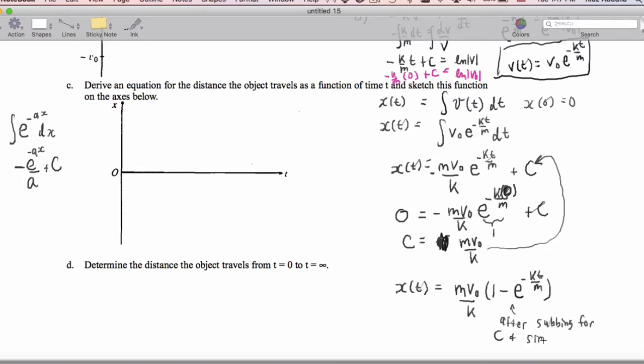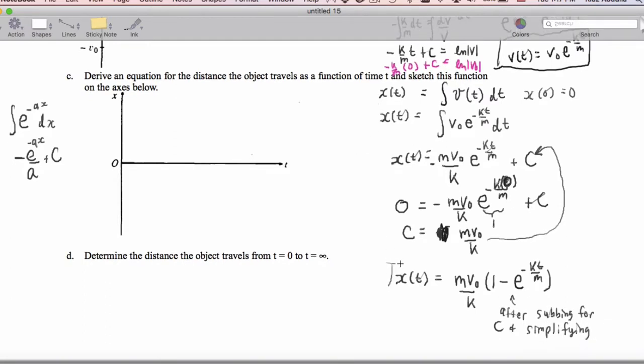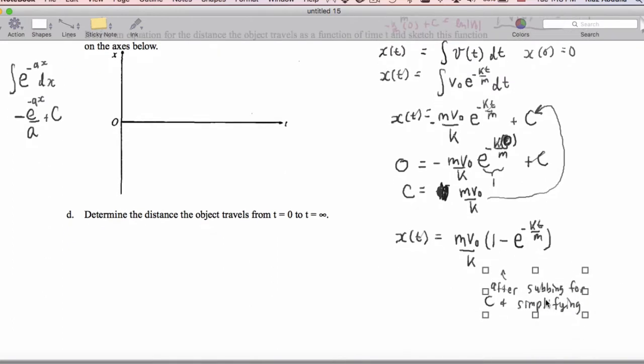I want to leave that exercise to you to do. If you don't factor it, the AP is totally fine with it, but this is the solution that we're going to write out. So this is the answer that we have for part C.